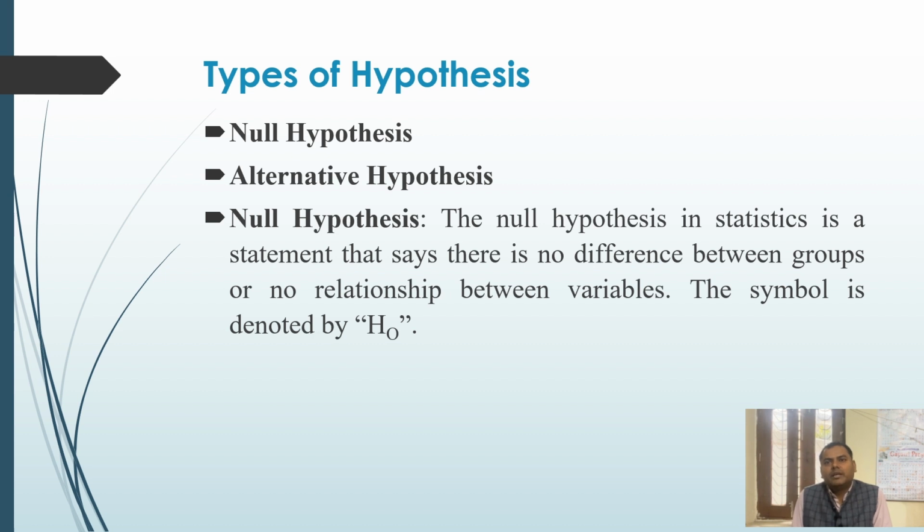There are two main types of hypothesis. First is the null hypothesis and second is the alternative hypothesis. The null hypothesis in statistics is a statement that says there is no difference between groups or no relationship between the variables. It is denoted by H0.